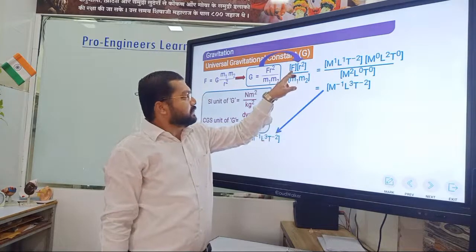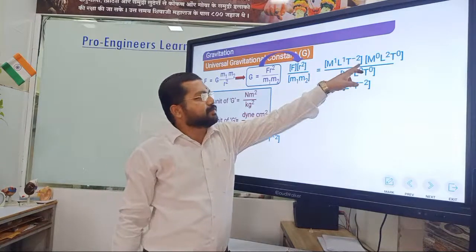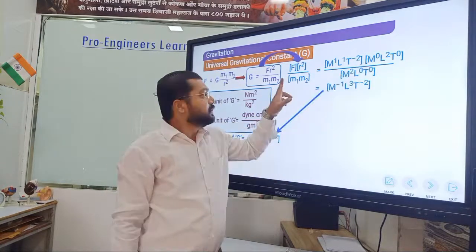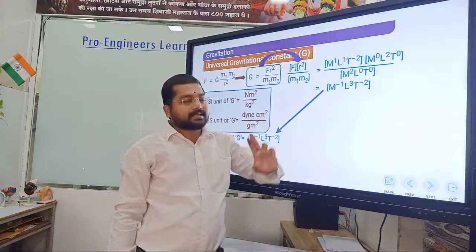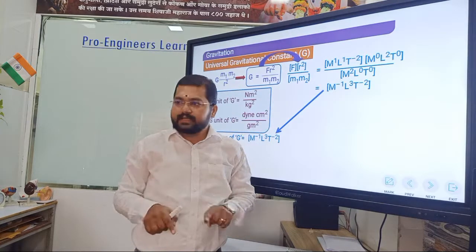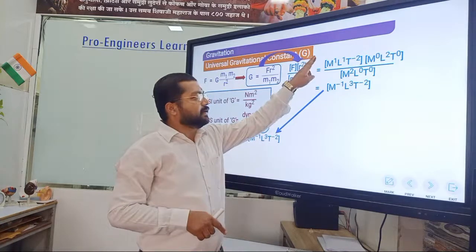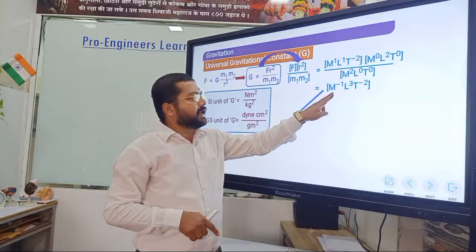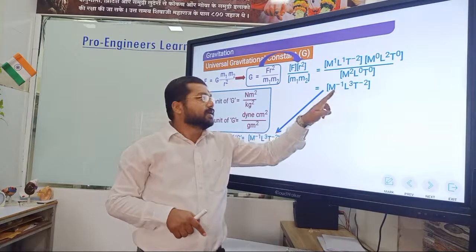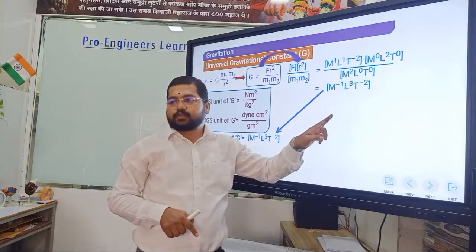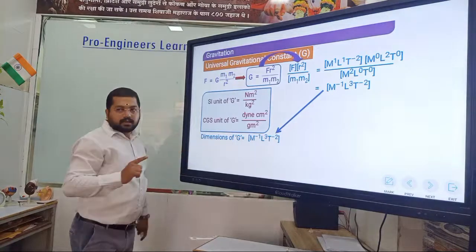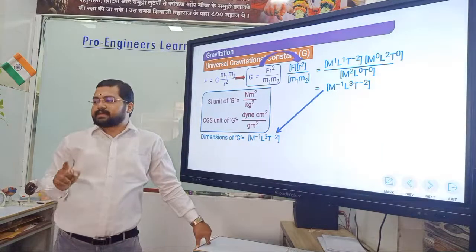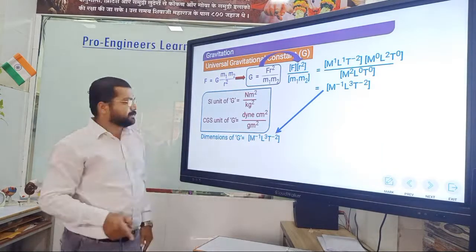For R square it is M0 L2 T0. For M1 and M2 it is M2 L0 T0. Considering all the terms in the numerator and denominator, we have derived M raised to minus 1, L3, T raised to minus 2. So you have to remember this, as you have to answer this in CET, NEET or JEE.